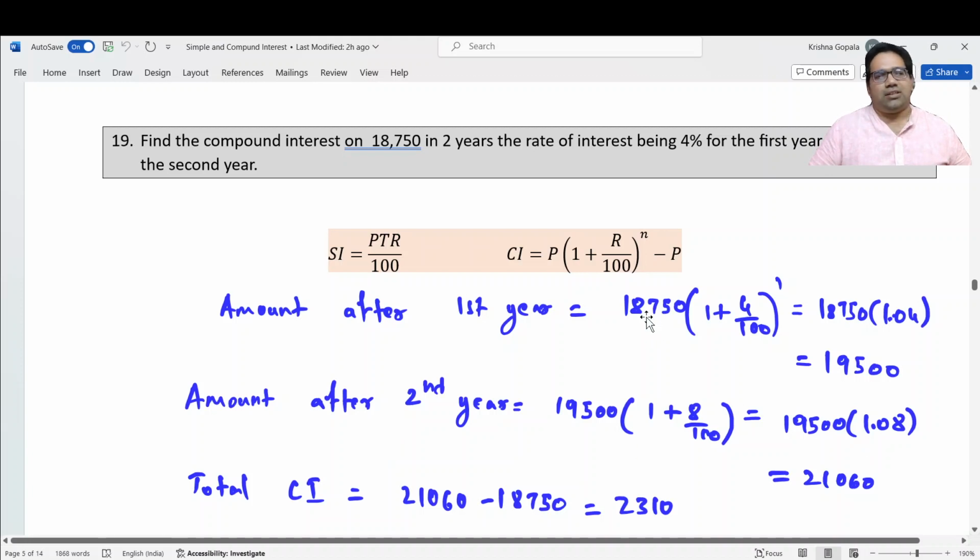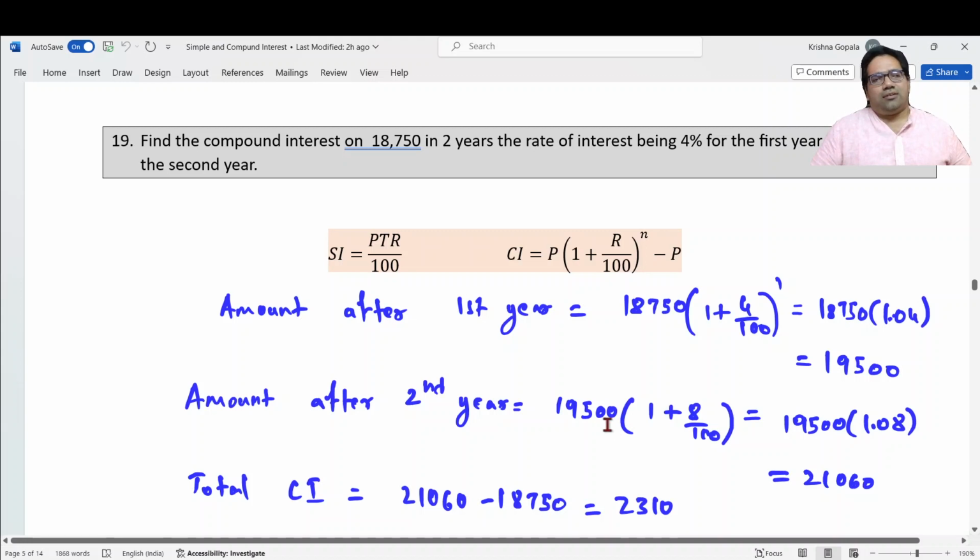At the beginning of the first year, 18,750, and the total amount by the end of the first year will become 18,750 into (1 plus 4 by 100). That is 18,750 into 1.04, which becomes 19,500 at the end of the first year. That means for the second year, the beginning is 19,500. Now, interest will be calculated on this 19,500.